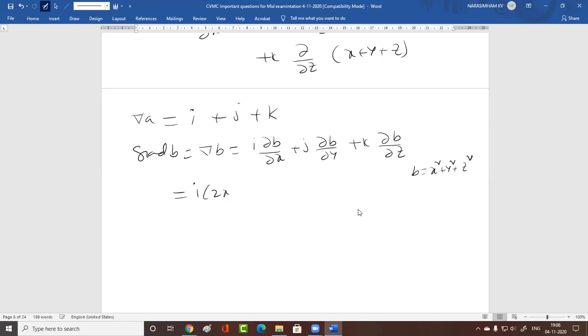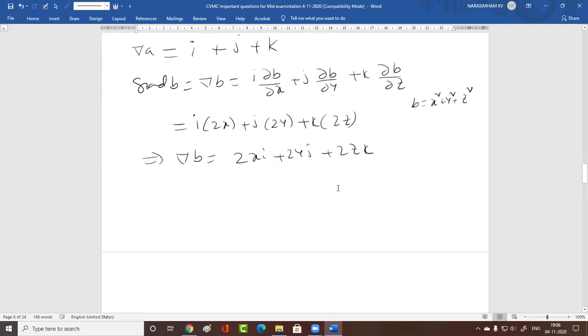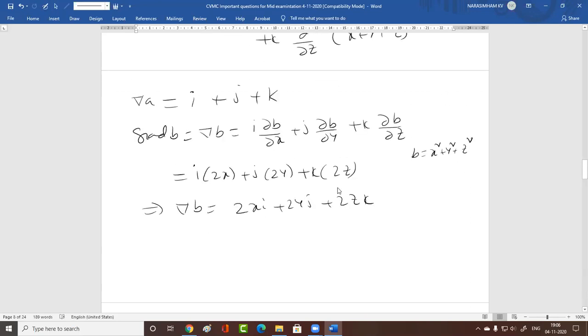Directly I am writing the term. Now derivative with respect to y is 2y, plus k into derivative with respect to z is 2z. So del B equals 2x i plus 2y j plus 2z k. This is gradient of A, and this is gradient of B.